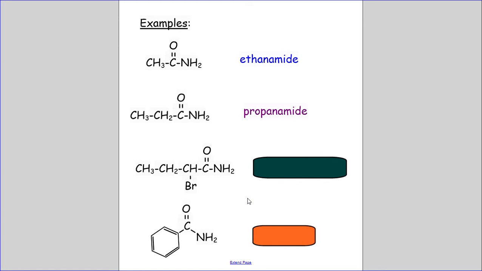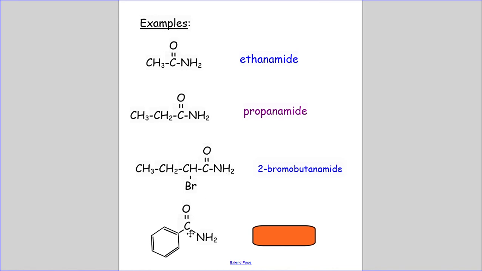Alright, so this one has a halocarbon group attached to it, but again, we're starting with our carbon group that's attached to our amide. If we remember from before, it's not bromine because it's on a branch, so we have 2 where it's happening, bromo, and then 1, 2, 3, 4 carbons, butane, amide.